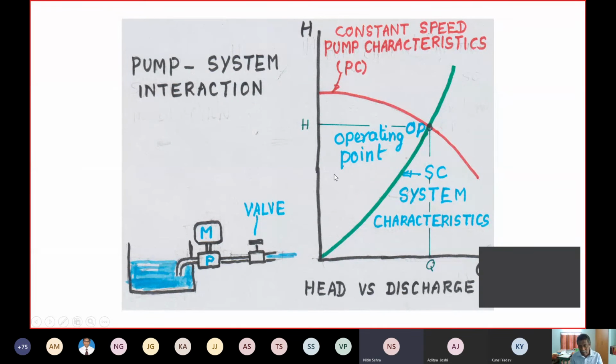Okay. Now, see when you do this experiment, how it is done is you run the pump at constant speed, and you control the discharge by varying the valve position. So you have a set of variables, head and discharge.